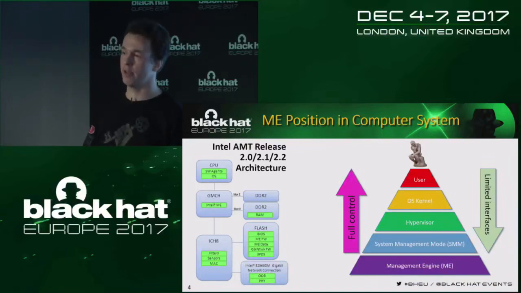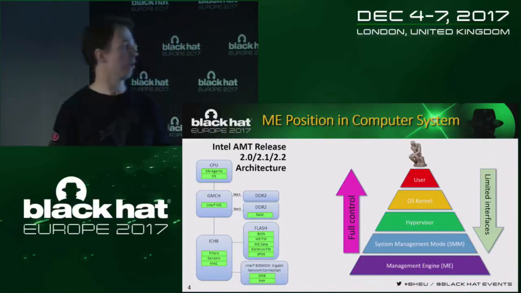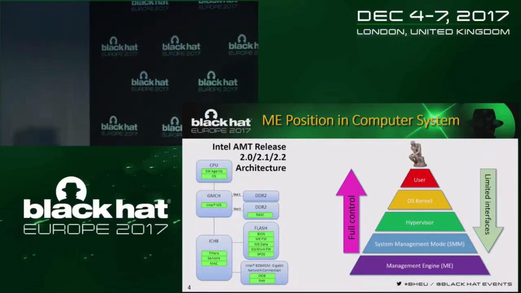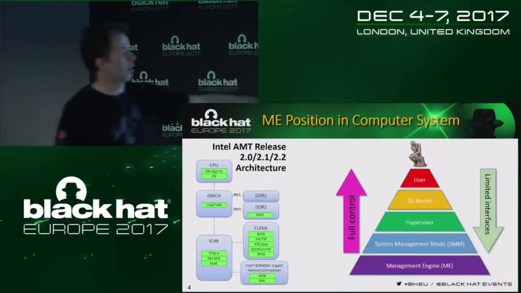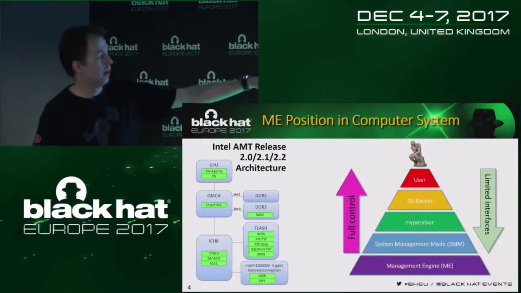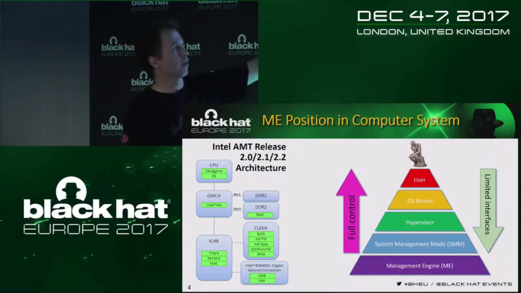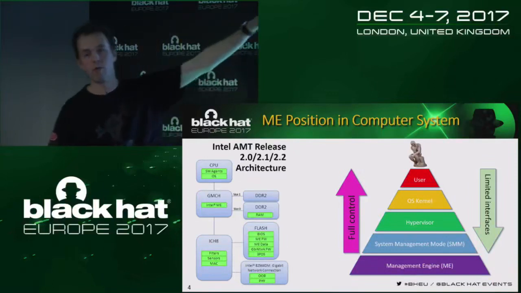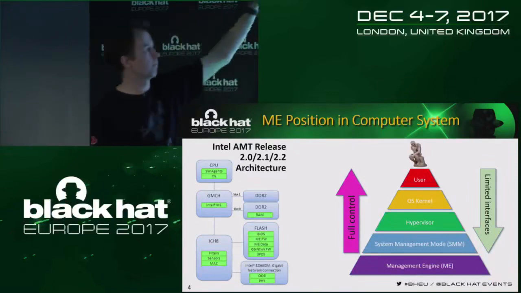So it already operates. It could run without the central processor, without dynamic memory, but could communicate with them. You can see on the left slide that Management Engine is in the center of the computer system, according to Intel documentation from an old version of Active Management Technology.